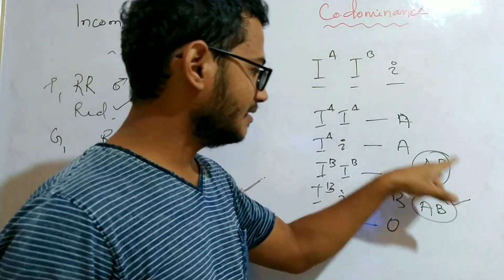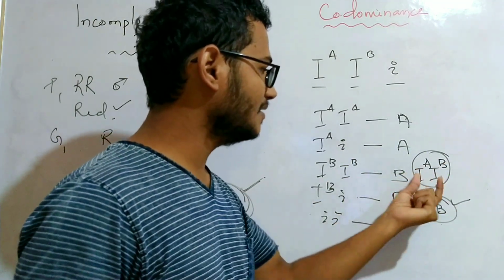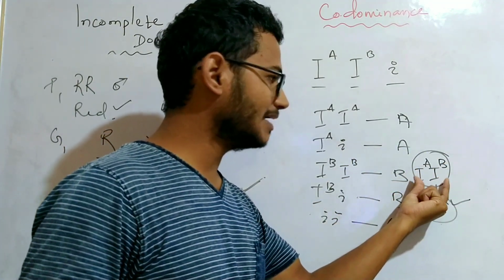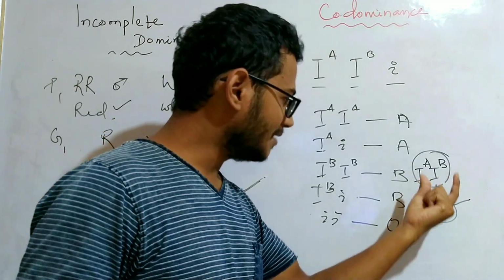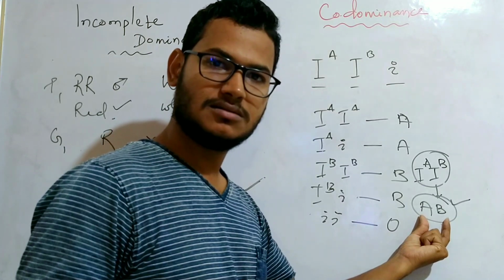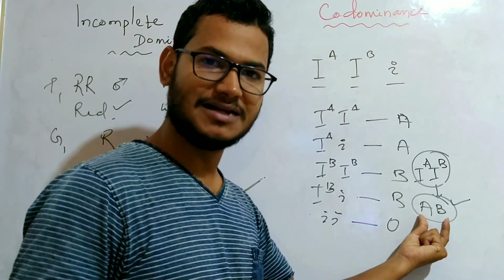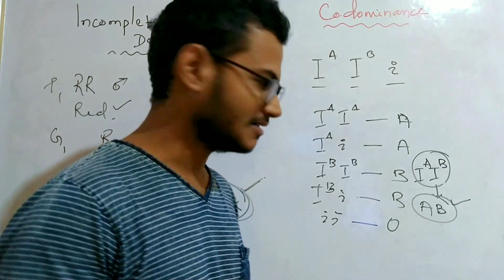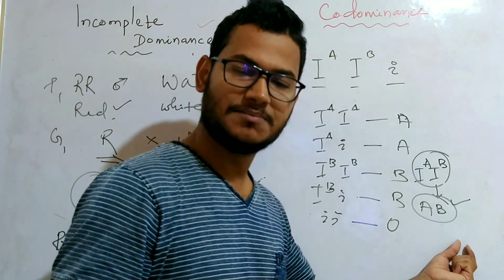And remember, in the case of AB blood group, we have two alleles, IA and IB, and neither of them is dominant over the other. So they migrate independently and represent their own characters. So IA IB represents AB blood group, neither A blood group nor B blood group.